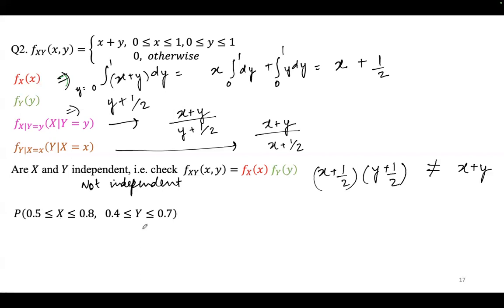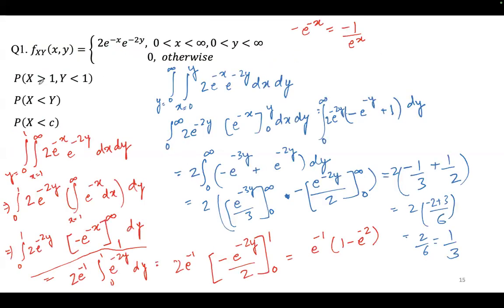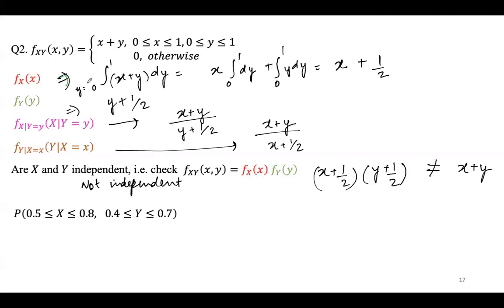Now again, this is like what we did in the previous question, this first part. So it's going to be a double integration. Y is 0.4 to 0.7, x is 0.5 to 0.8. You have x plus y, dx dy. So now when you're solving dx, this integration 0.4 to 0.7 goes here.